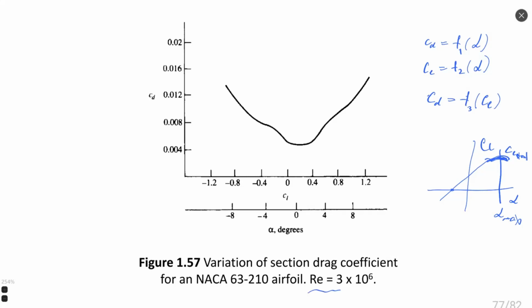So for different Reynolds numbers, this drag function will be different. It's just one case possible. If you are interested to see others, you can visit, for example, the NACA website, where variations of drag coefficient for different Reynolds numbers are shown.